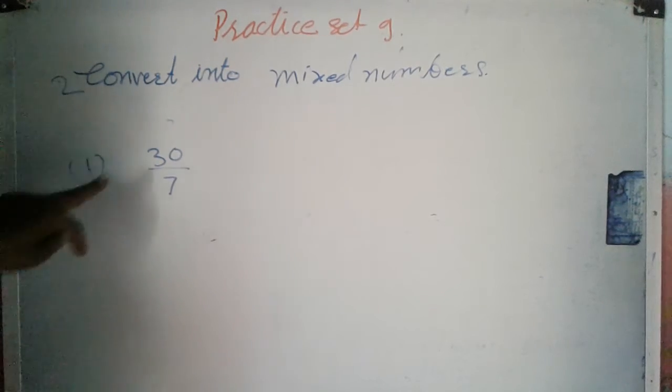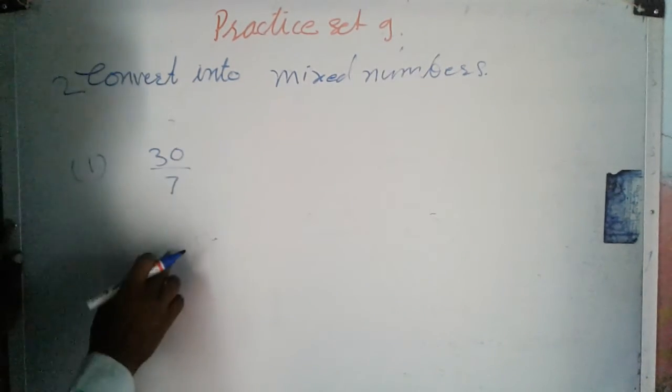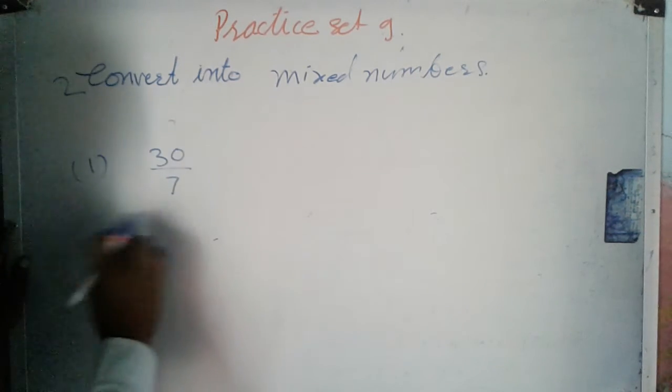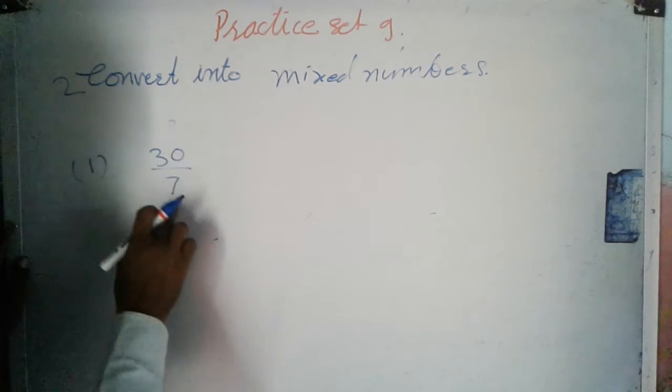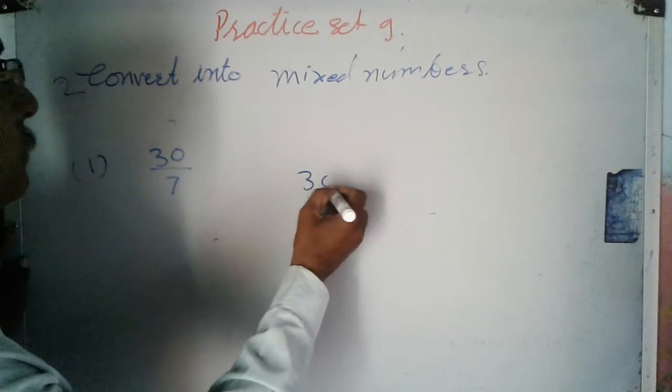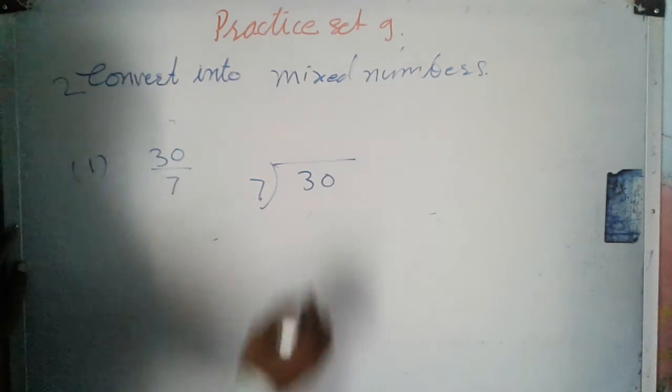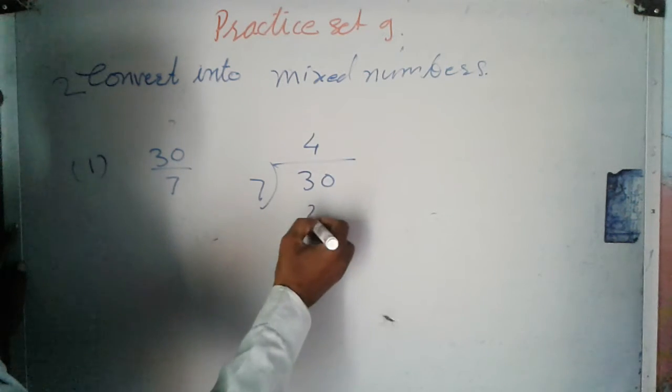This is an improper fraction. This is the numerator and the denominator, so we have to divide the numerator by the denominator. 7 fours are 28.